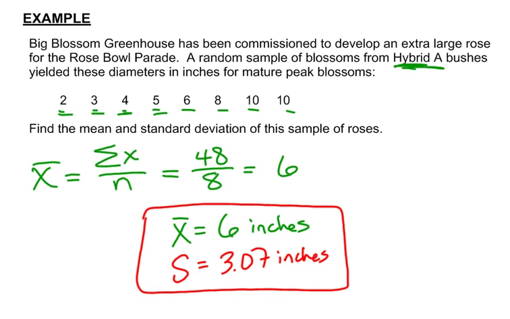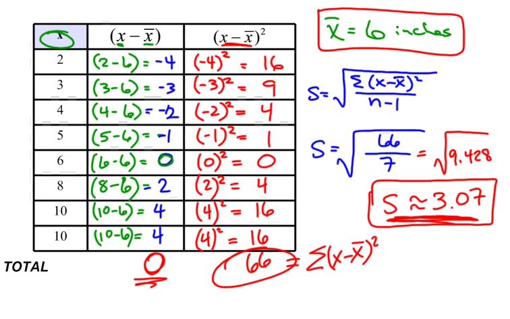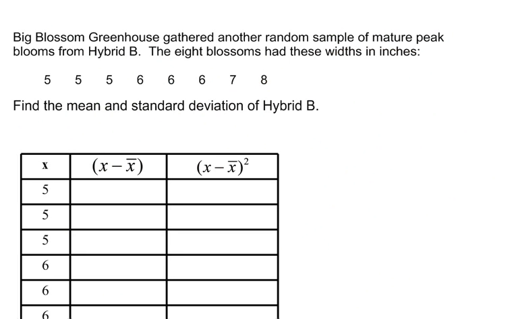Let's look at another example here, and we'll go through the same process again just to get a little more extra practice. Now we're seeing that Big Blossom Greenhouse has another hybrid that they're calling hybrid B, and they've got a sample of those rosebuds or rose blossoms, and they've taken the widths of them. Now, we've been asked again to find the mean and standard deviation of hybrid B. And once we do this, we'll compare the two.